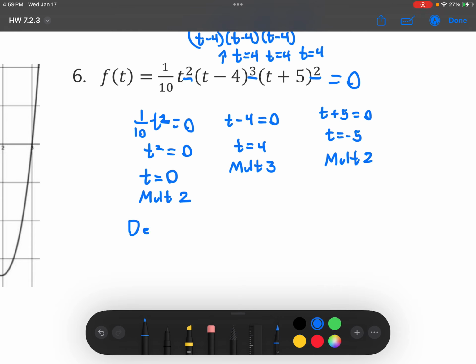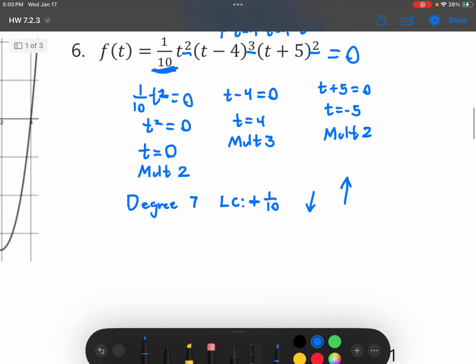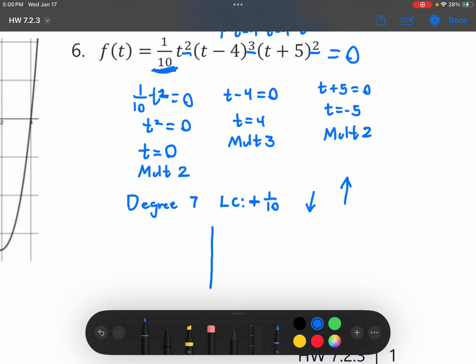So this is degree 7. And because the leading coefficient is positive, I don't care that it's 1/10, I just care that it's positive, my end behavior would look left arm down, right arm up. So by the time I graph it, my left arm better be down and my right arm better be up.